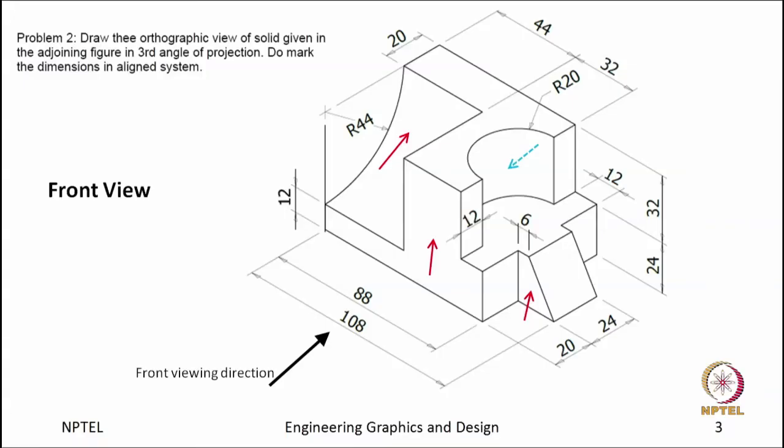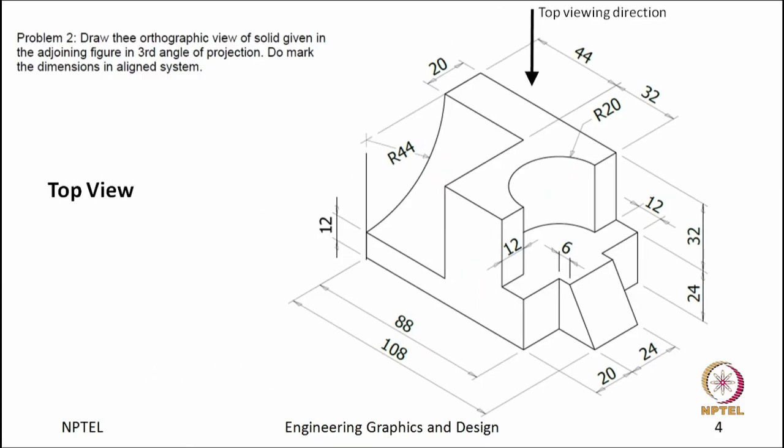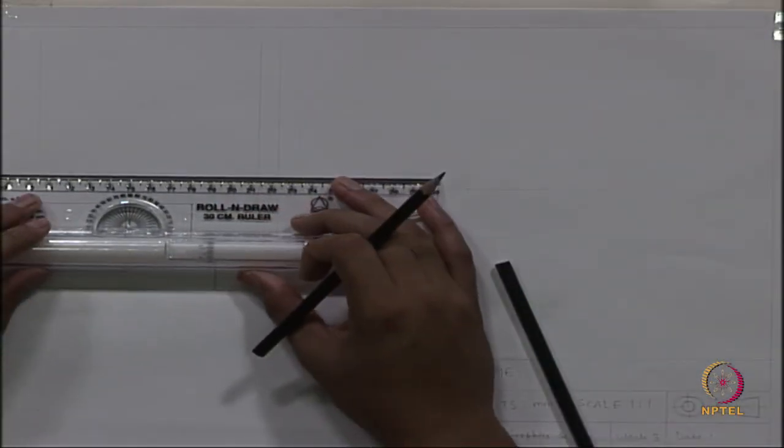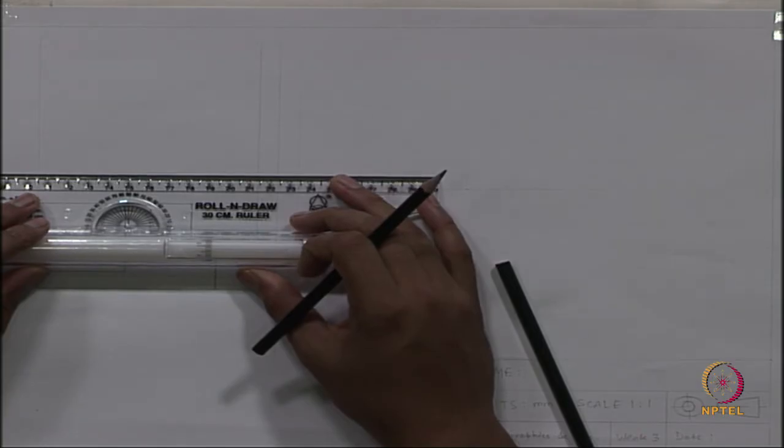So, while drawing the top view, this is our top viewing direction. So, what we will see in the top view? We will see the length of 108, and we will see the width of the object. The width is 20 plus 44, 64. So, lengthwise we are done. We have a space of 108 in length direction.